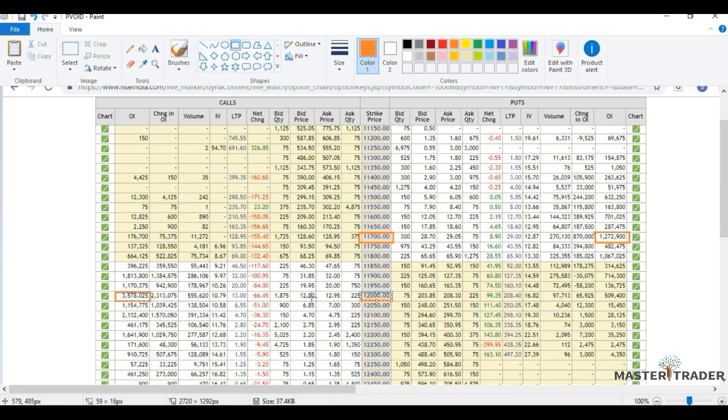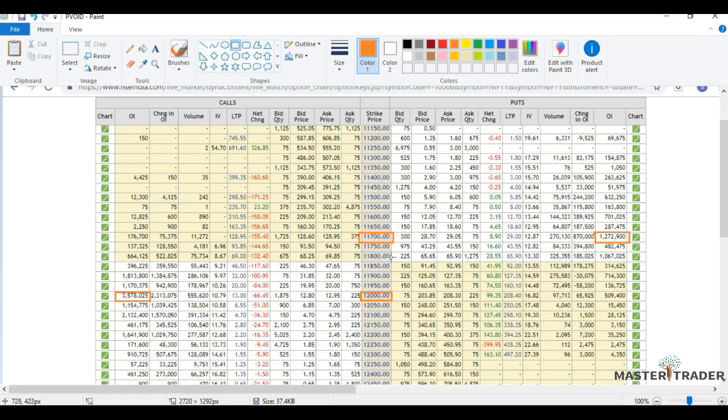So we have the highest open interest at the 12,000 strike price. What this is telling me is that traders will not allow price to cross 12,000, or they do not want price to cross 12,000, right? So this will become a strong resistance area for me.